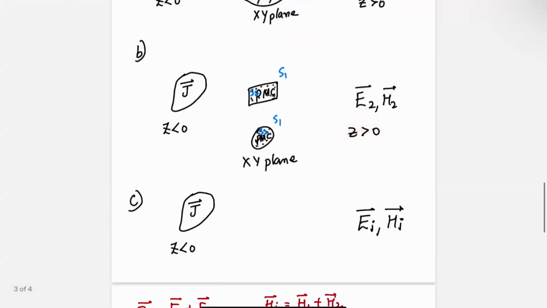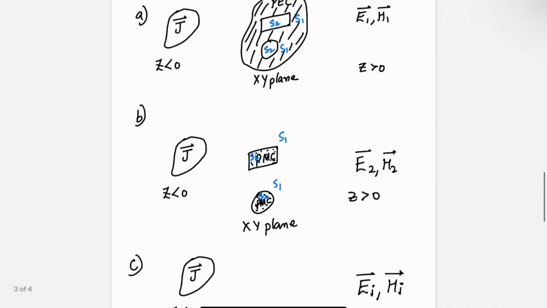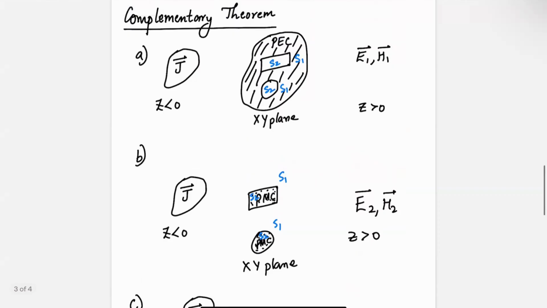And EI, HI also satisfy source-free Maxwell's equations on the right half space. Okay. Now, for the right half space, the boundary is the xy plane and a hemisphere at infinity, which we've shown in the past has no contribution. So we can ignore that. So the boundary for the right half space is nothing but the xy plane, right?